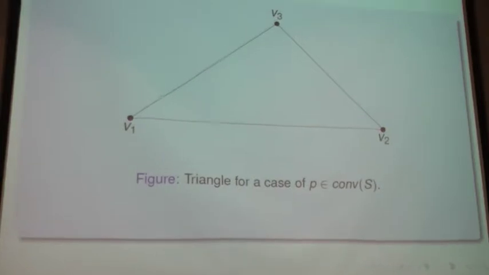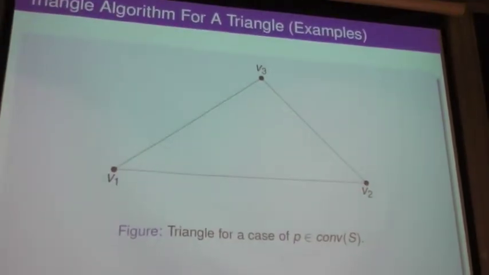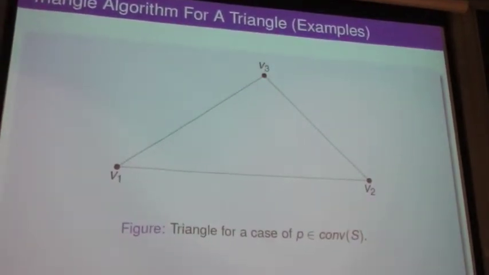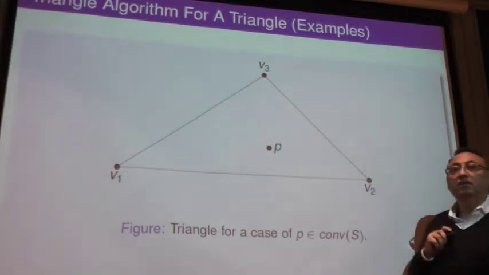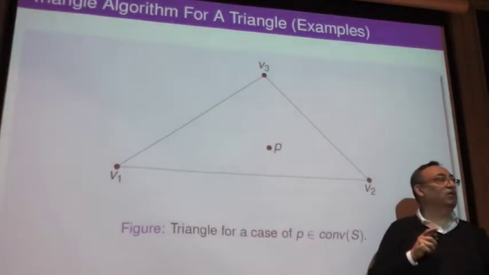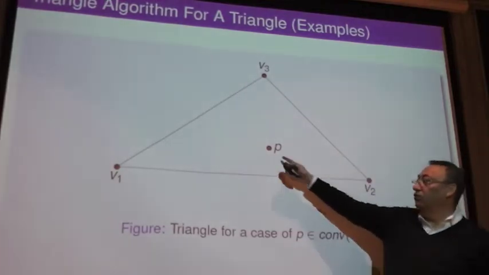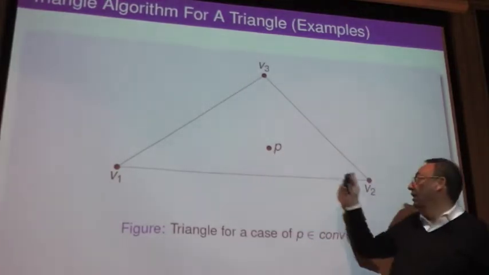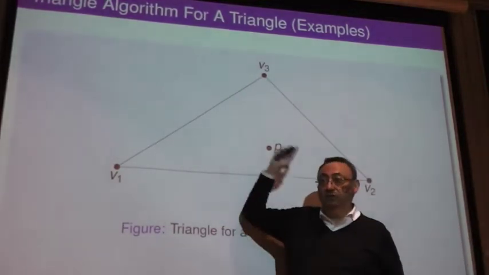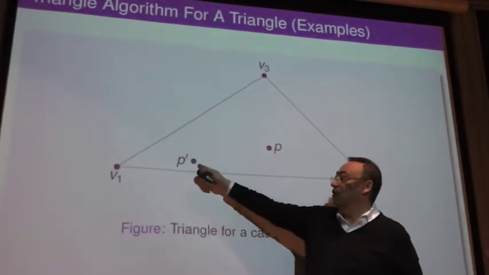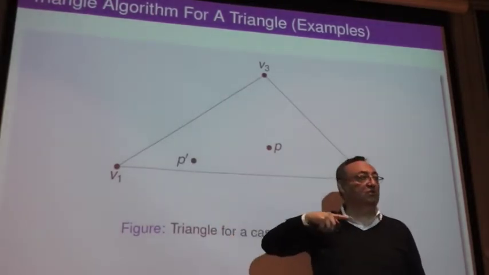So let me explain the triangle algorithm for the triangle itself. Here is p. I want to know if p is in the convex hull or not. I only know the coordinates of p. I know the coordinates of the v_i's. So I can start with a point p prime which is inside.